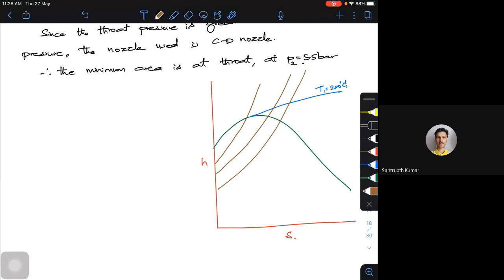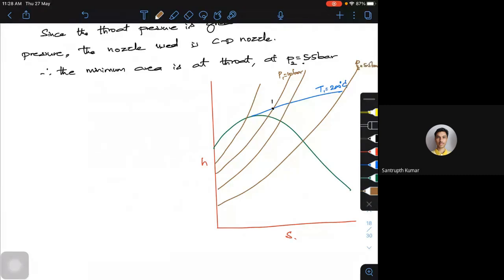Check for the pressure P1 equal to 10 bar. That is this particular point, say this is my point 1. You will have one more constant pressure line, which is your pressure equal to 5.5 bar, so P2 is equal to 5.5 bar.